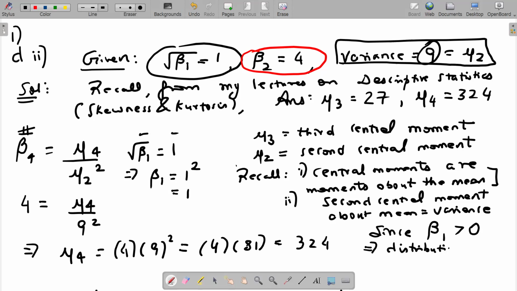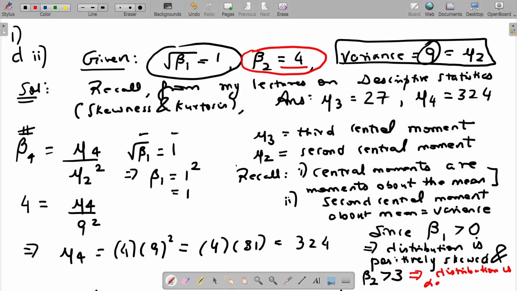Again, for this, watch my lectures on skewness and kurtosis within the descriptive statistics module. Look at the value of beta 2. What's the value of beta 2? 4. It's more than 3, which implies that the distribution is leptokurtic.